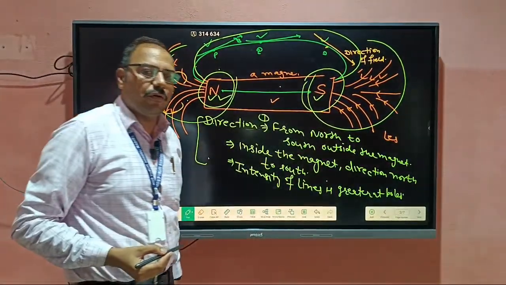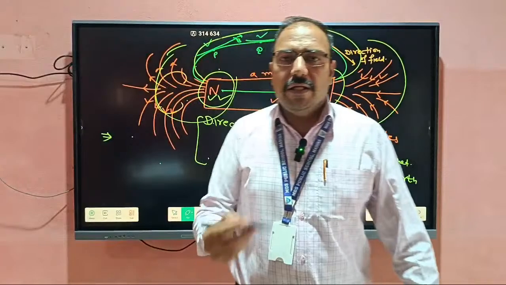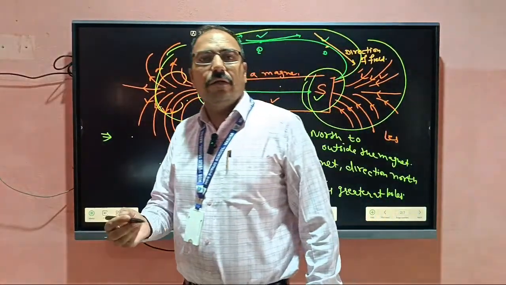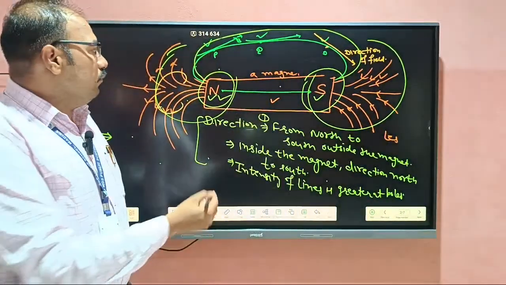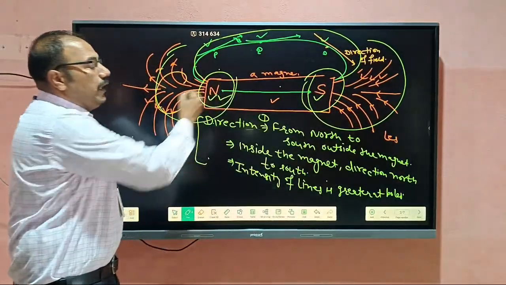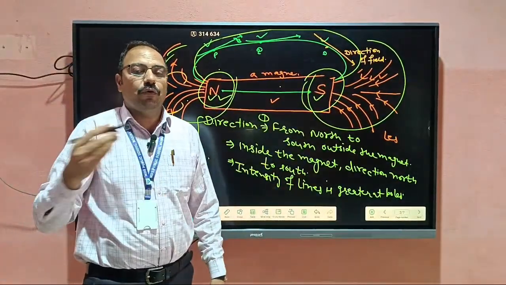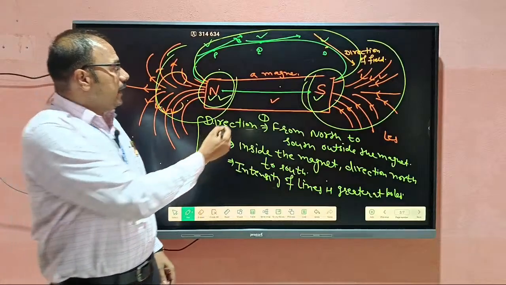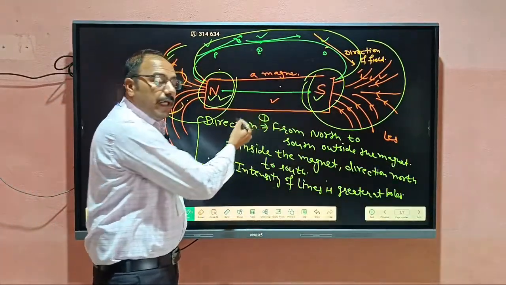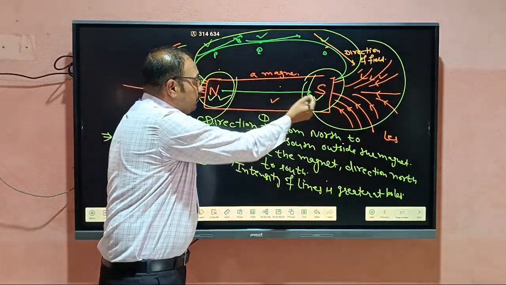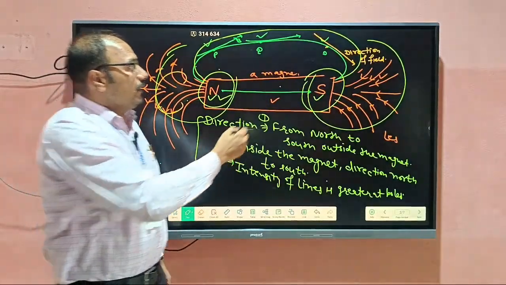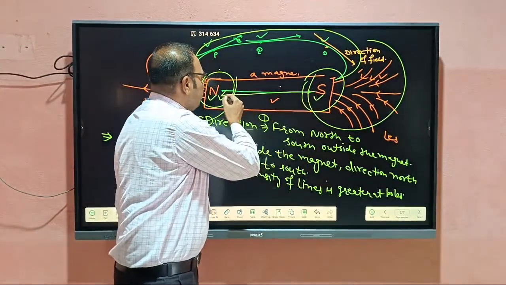An important point about the magnetic field produced by a magnet is that the direction is from north to south outside, and inside the magnet it is not reverse, that is, it is south to north.